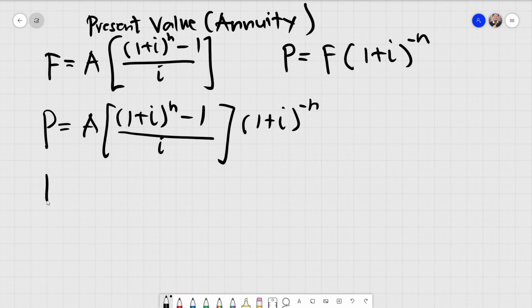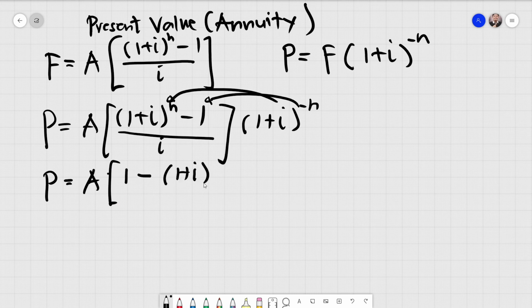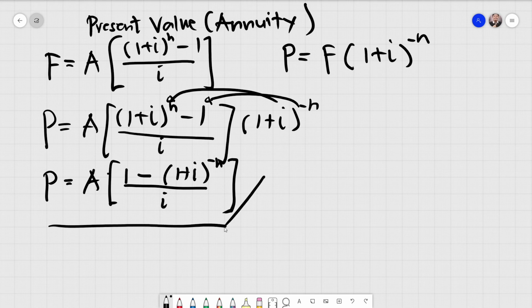So, distribute lang natin itong 1 plus I raised to negative n dito sa loob ng ating square bracket. So, we have here basically 1, then minus 1 plus I raised to negative n, all over I. So, ito na ngayon yung ating equation ng present value of the annuity.